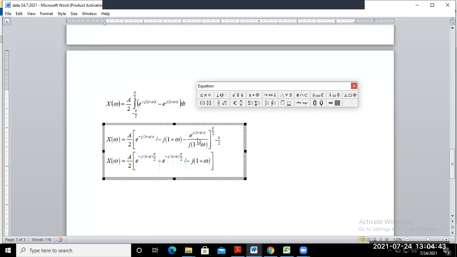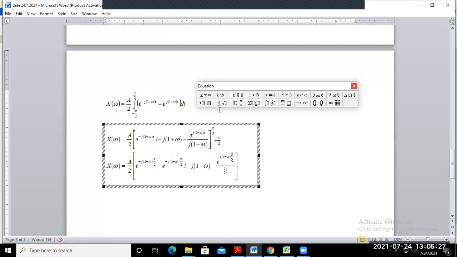e to the power j into 1 minus omega into pi by 2 minus e to the power minus j into 1 minus omega into pi by 2, divided by j into 1 minus omega. Just simplify this equation and put it in terms of sine terms.